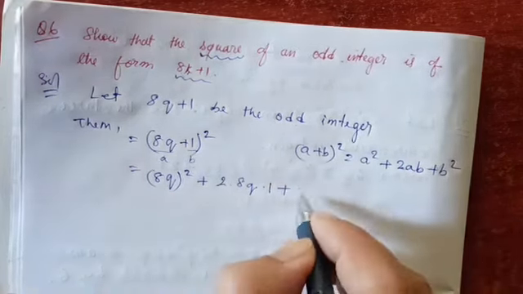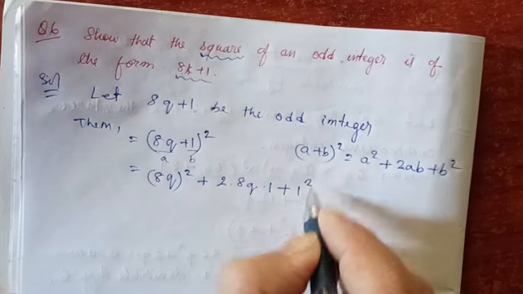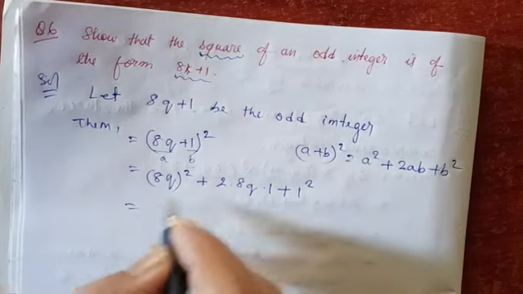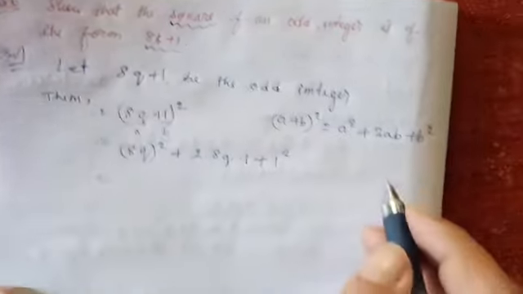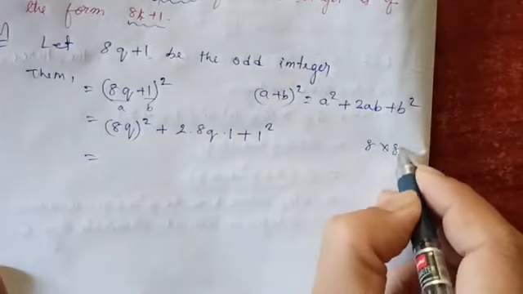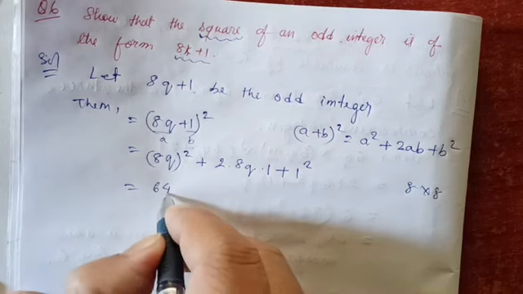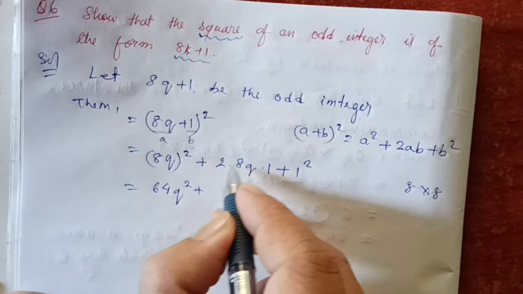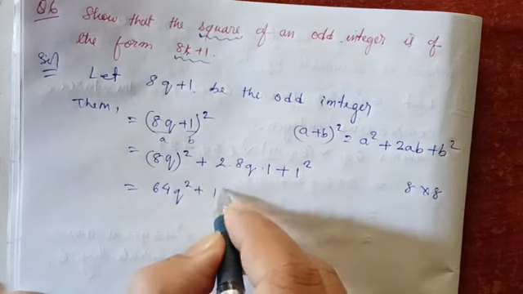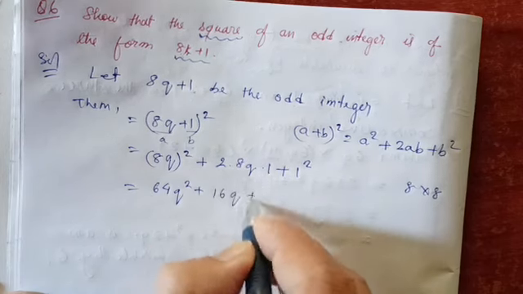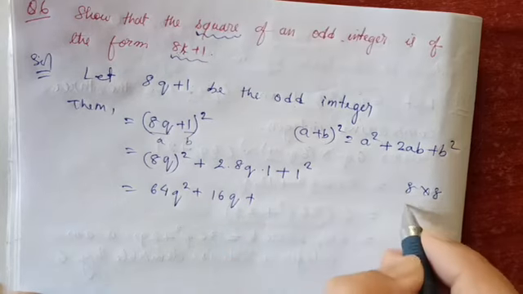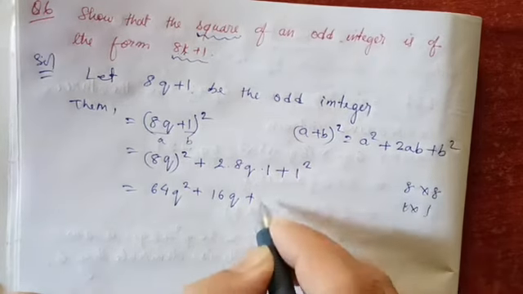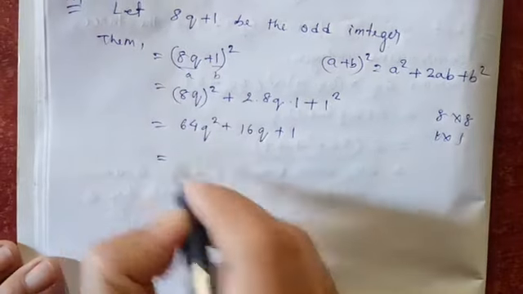So our b is 1, so 1 square. You know the 8 square. What is 8 square? 8 square means 8 into 8. So 8 8s are how much? 64. q square is q square. 8 2s are 16. We have q. You know that 1 square is 1. 1 square means 1 into 1. 1 into 1 is still 1. Alright. Okay.